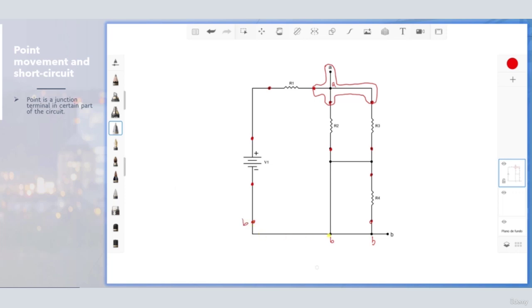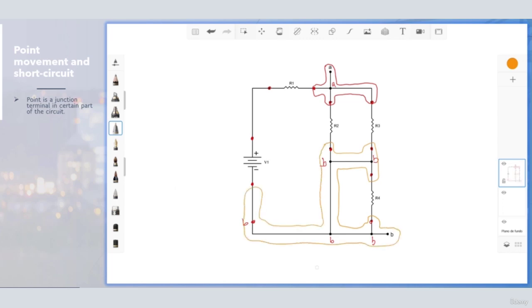This is the same point, no resistors are blocking. Also B can go to here and to here. So as we can see, B was not able to go from the resistor 4 directly, but it was able to go in this cable and to here. So all these points represent the point B.